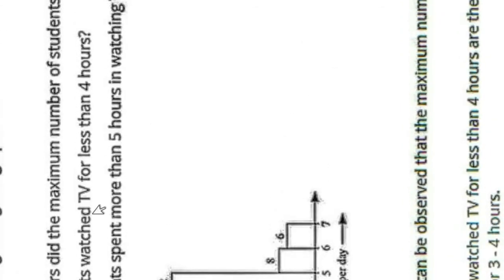Now second question, how many students watch TV for less than 4 hours? So let us see here, less than 4 hours means before this, all this you will add. Before this 4 hours is written, all you will add. So 22 plus 8 plus 4 will be equal to 34.